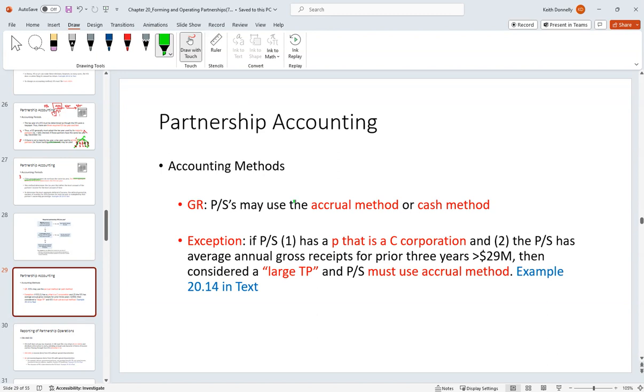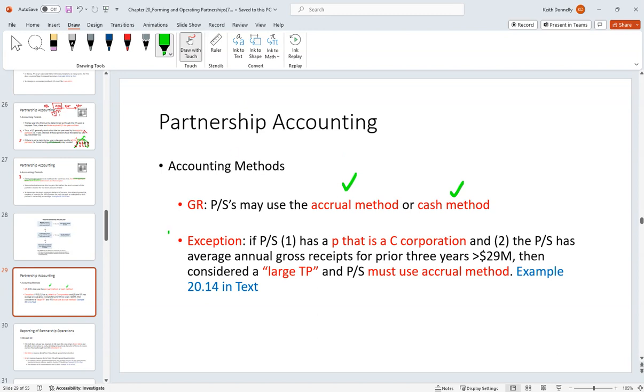The next rule here is generally, we've established the accounting period. Now, what are the methods we're using to track and report our income and deductions? Well, as a general rule, you're going to be able to use the accrual method or the cash method. However, there's an exception.